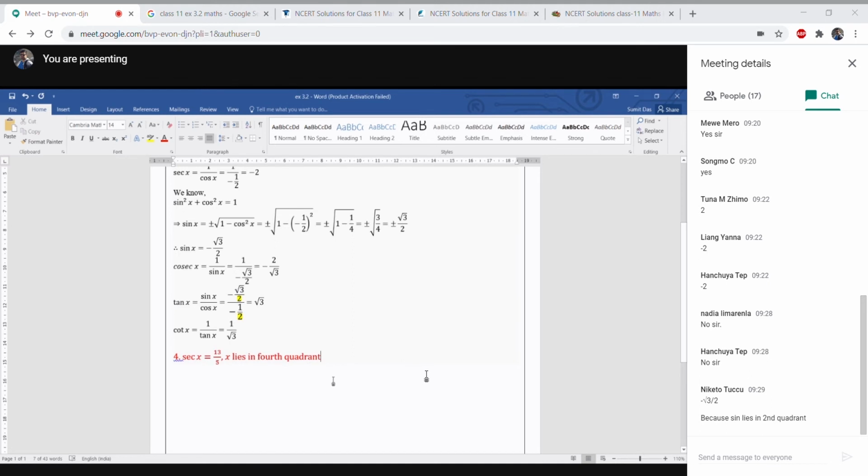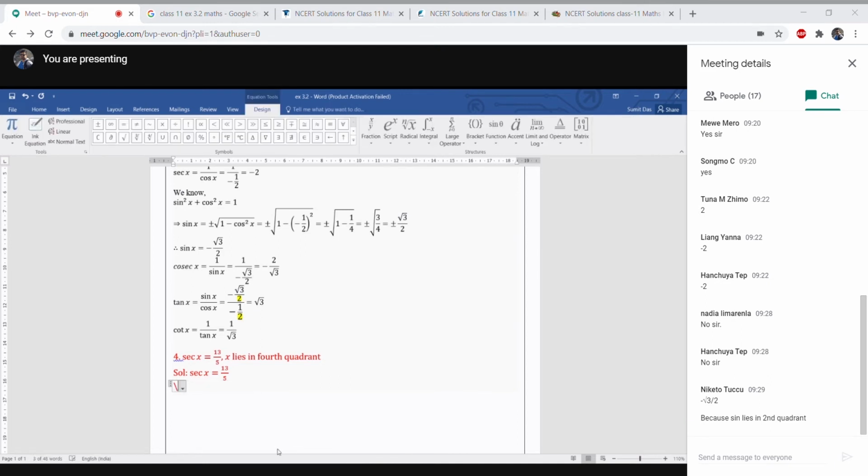Okay, so sec x is 13 by 5, given. So our first task will be to find out the cos x. Sec x given, therefore cos x is equal to 1 by sec x, which is equal to 5 by 13.